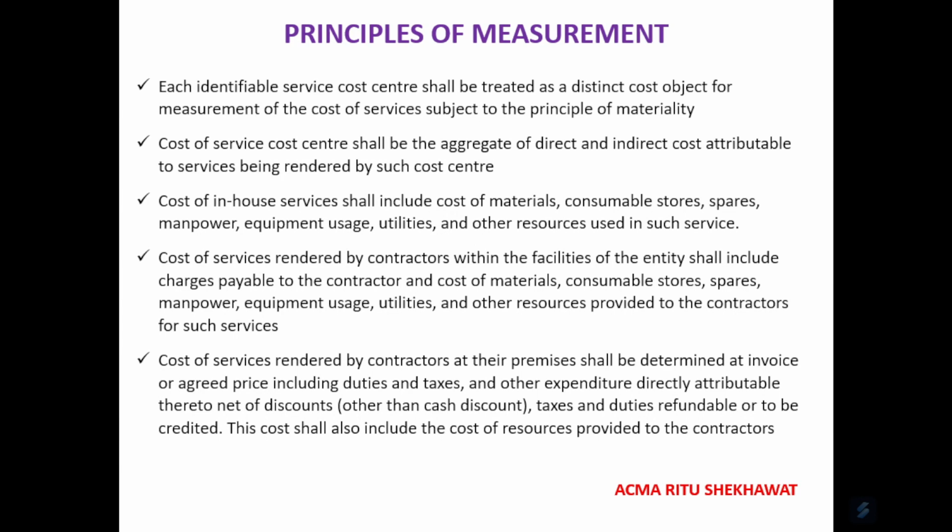So the principles, simply: each service cost center's cost should be ascertained at a distinct cost object, measured distinctly for each and every part. The second point says the cost of a service cost center shall be the aggregate of direct and indirect costs attributable to the service rendered by such cost center.